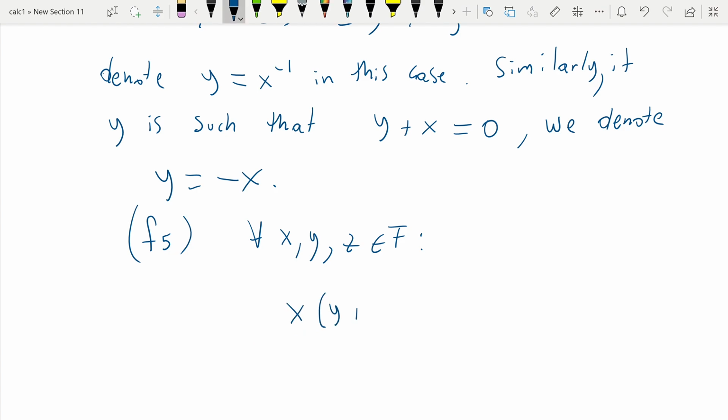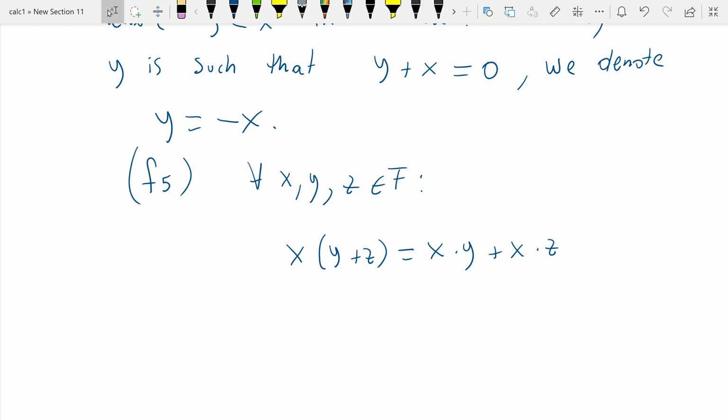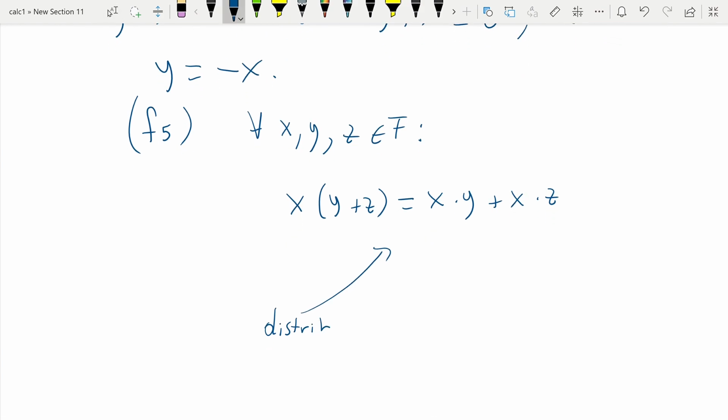So x times y plus z is equal to x times y plus x times z. Okay. And no need to make a big fuss about it. So this is the distributive property.